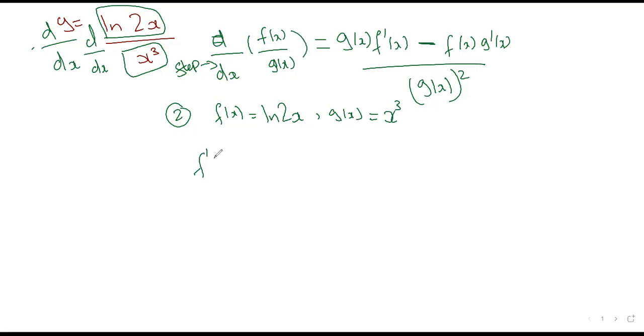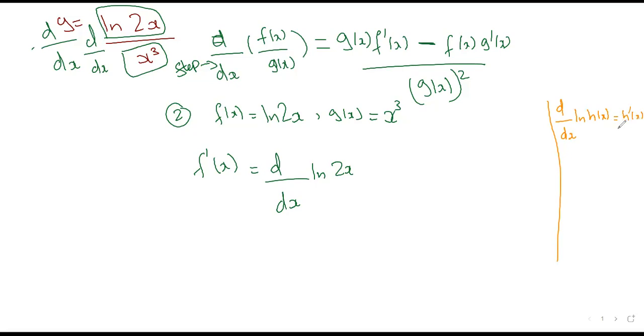Now we have to talk about f dash of x. Here you will tell me what would be the derivative of this function, d by dx of ln 2x, and the formula said so.